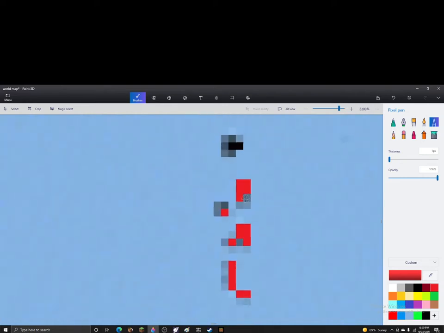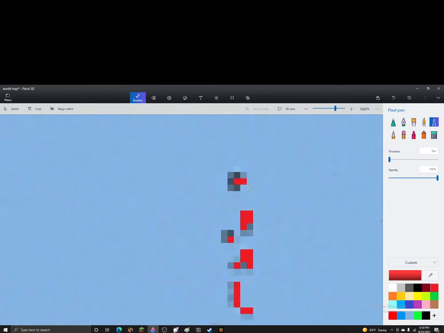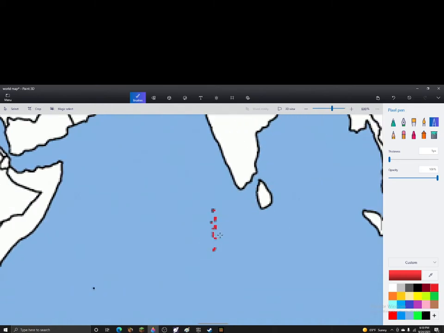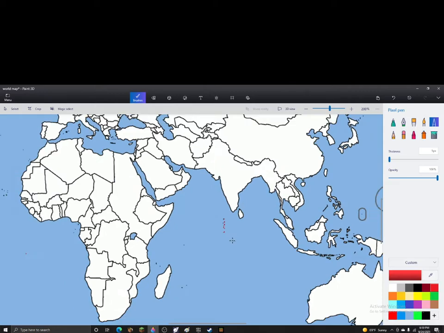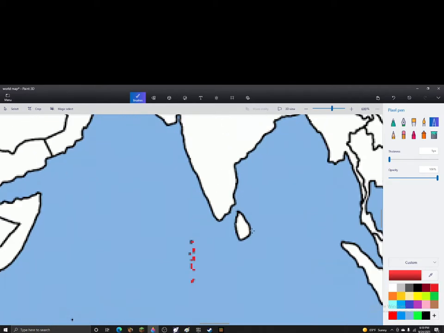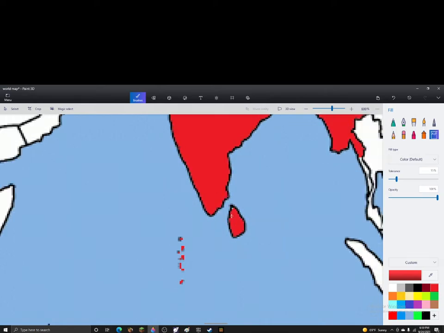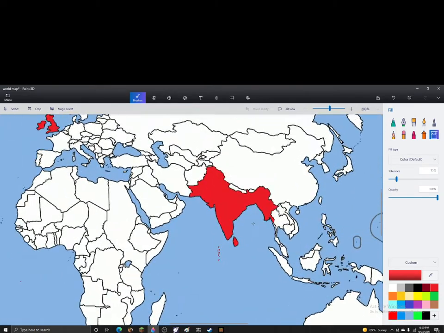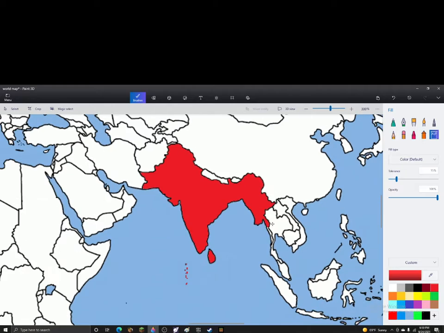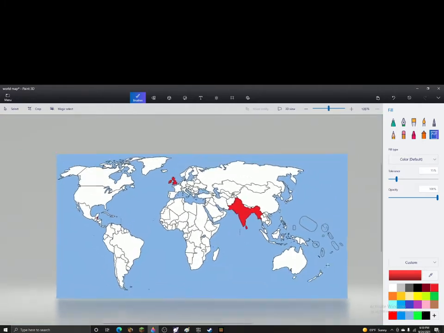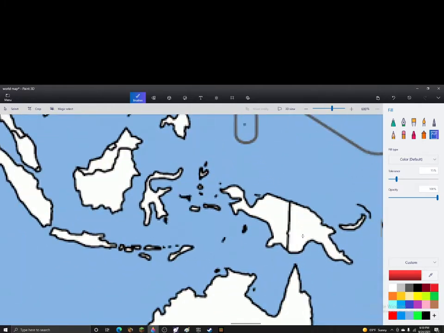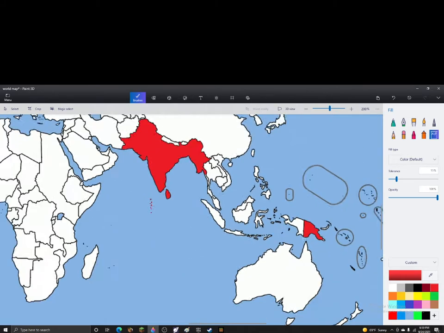Which was actually pretty crazy. And then Sri Lanka, the whole Indian subcontinent, also known as the British Raj, is what they called it.